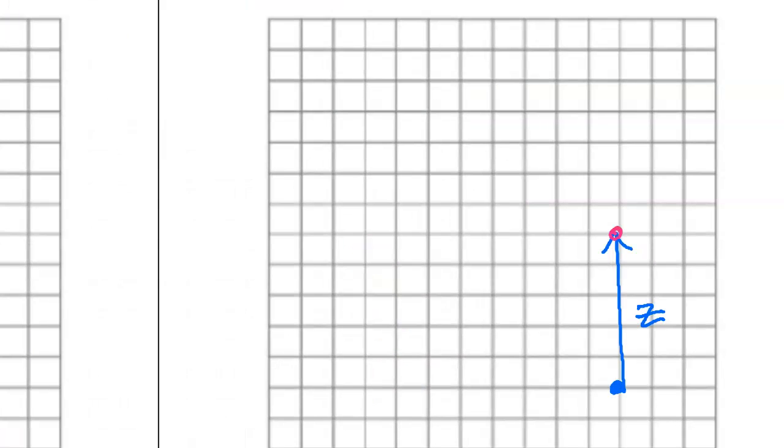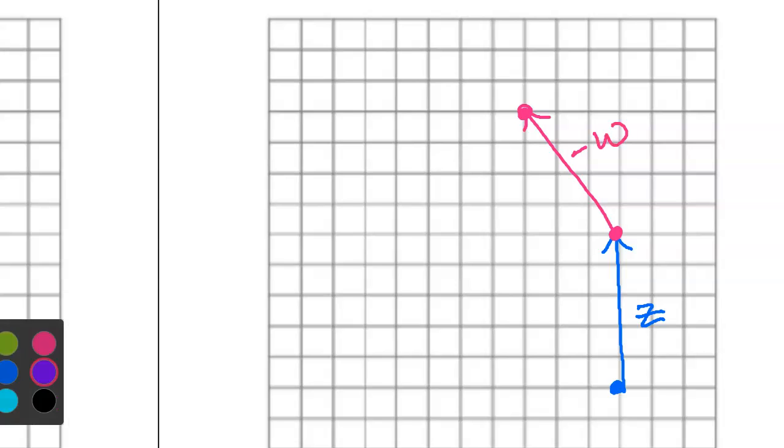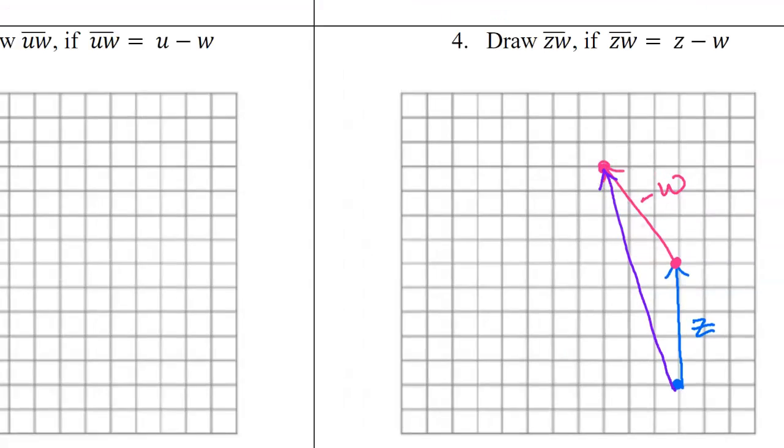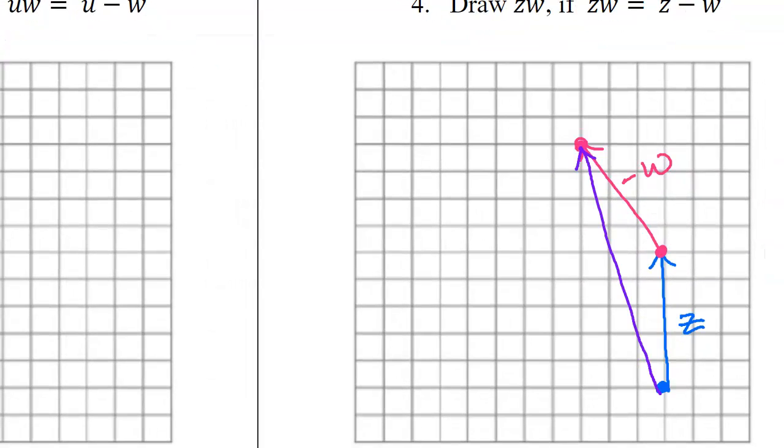From where z ended, I go up 4, to the left 3. And this is negative w. And where z starts and w ends, that is our subtraction vector. That is z minus w. Any subtraction, you always do the exact opposite.